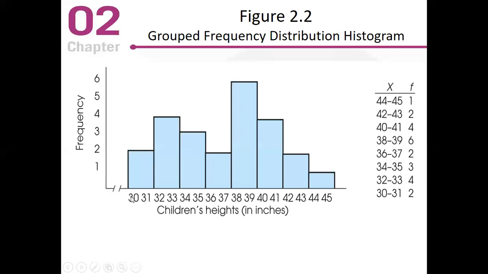Nobody scored them. We're starting at the 30-inch mark. But for values 36 to 37 inches, if we actually had no cases falling in that range, we would still include that and just show that it was at 0 frequency. So we include 0 frequency when it's within the range of our other values, for honesty.